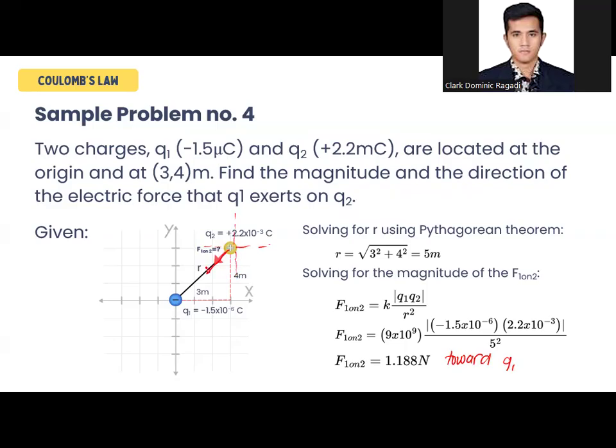And as I've said earlier, we can express that direction as an angle measured counterclockwise from the positive x-axis going to the force. From the positive x-axis going to the negative x-axis, that is 180 degrees.